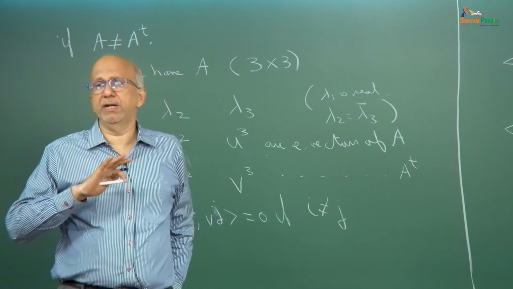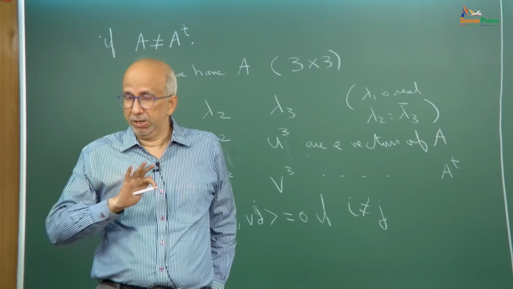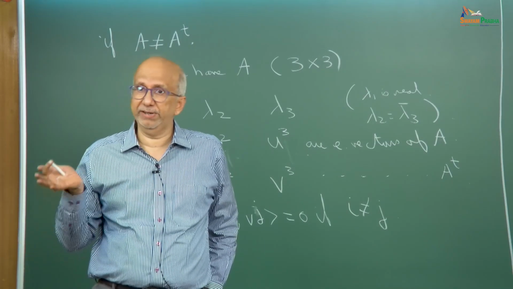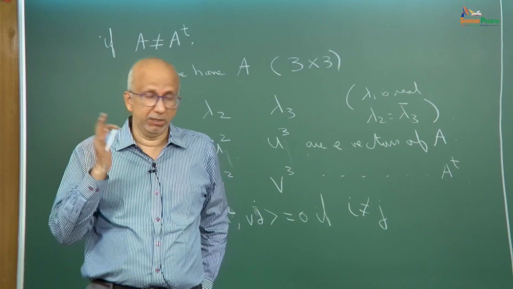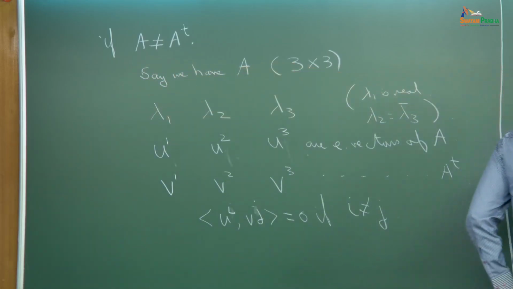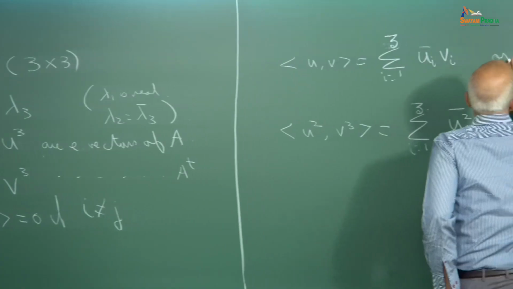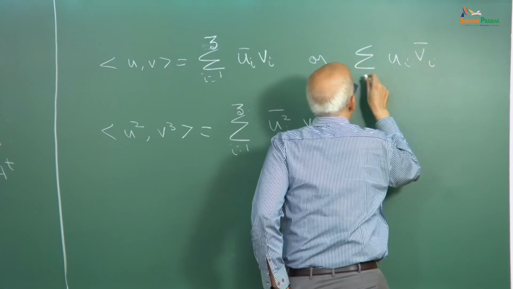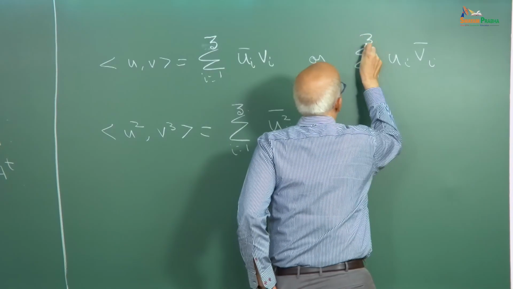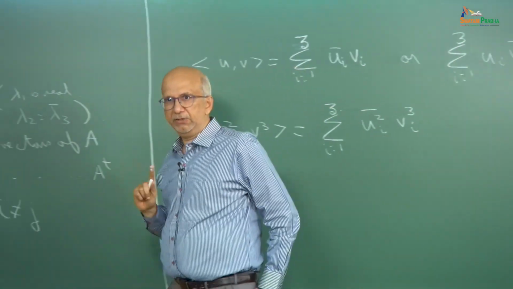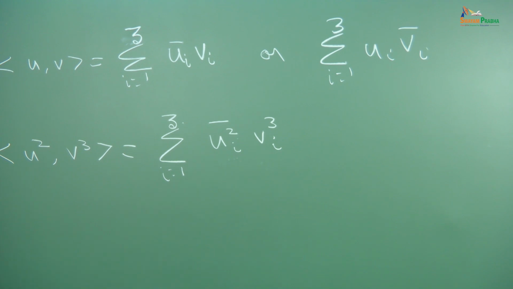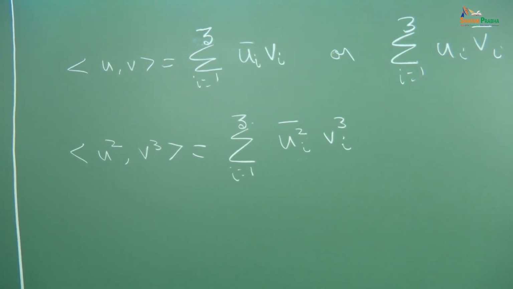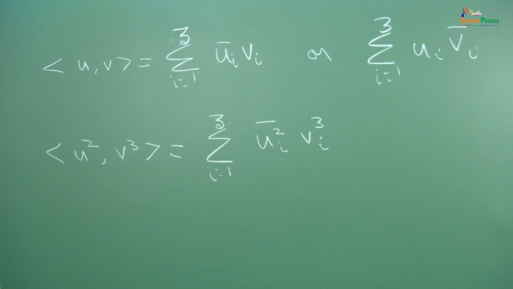You can define it any way you want, but you have to be consistent throughout. You can define it as ui bar vi, or you can define the inner product as sigma ui vi bar. This is also fine. Either one is fine, but if you decide on one thing, stick to it.